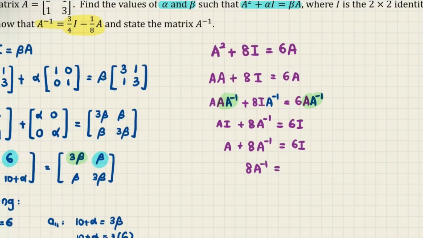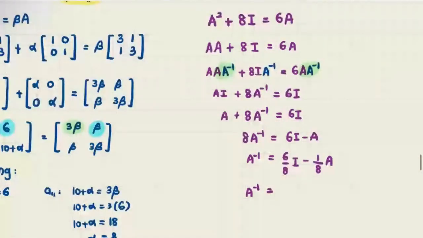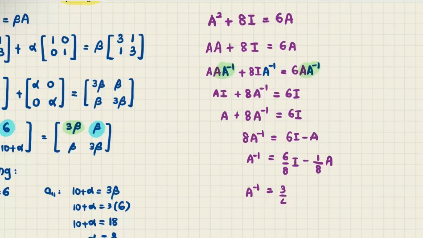So kita ada 6I tolak A. And finally, A inverse will be equals to 6 over 8I minus 1 over 8A. Ataupun 6 over 8 kita boleh simplify kepada 3 over 4I minus 1 over 8A. So dapatlah.